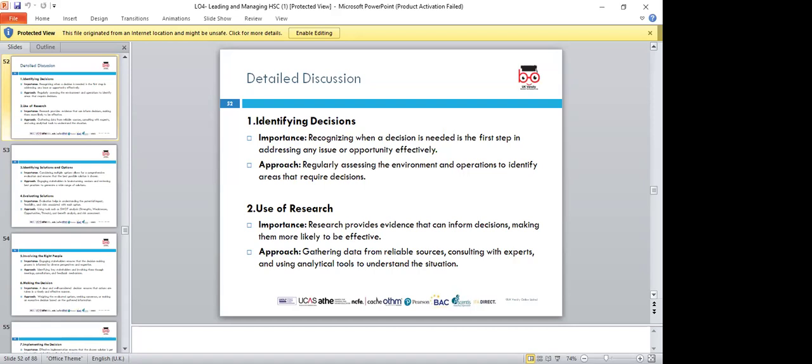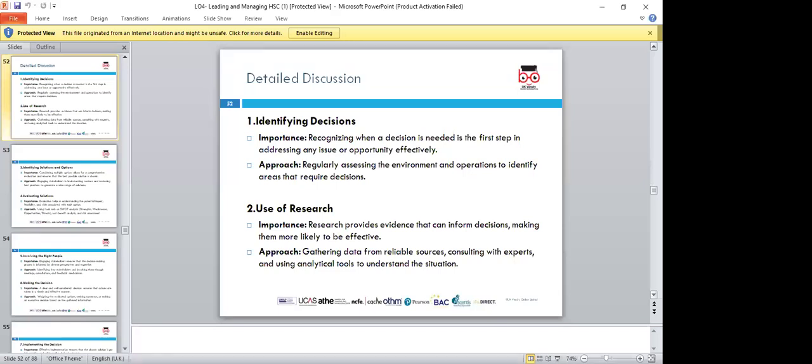Then you can organize regular assessing of the environment and operations to identify areas that require those decisions. So you put in assessing the environment and operations, to see which areas cause those decisions that you have identified.